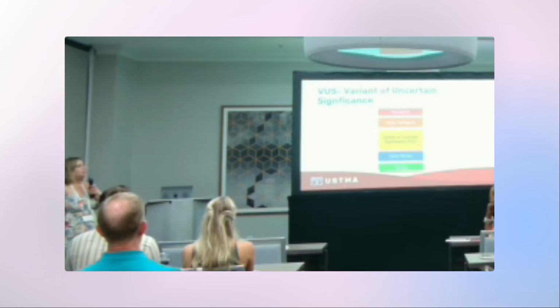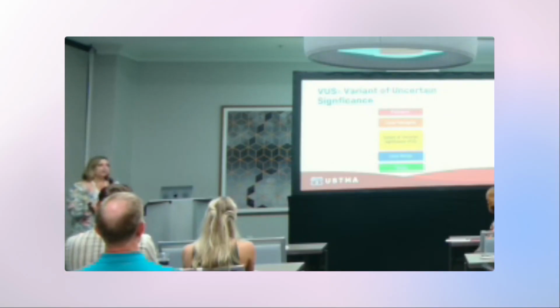The way that these variants are scored is on a system where basically you have points that push you out of the uncertain category. And those points will either push you towards something we think causes disease, or towards something we think is actually benign and more common, maybe unique to you or your family, but we wouldn't expect it to cause any health concerns.